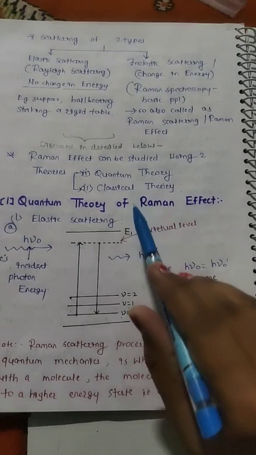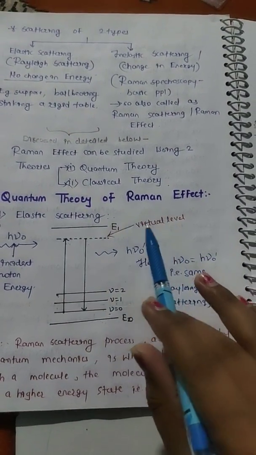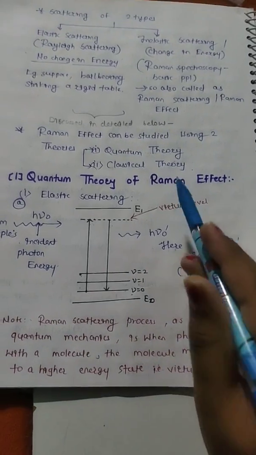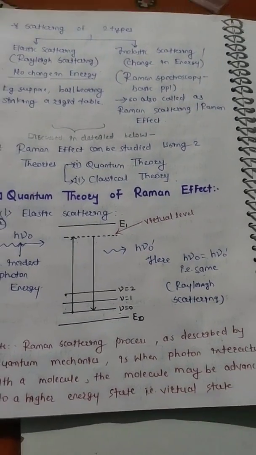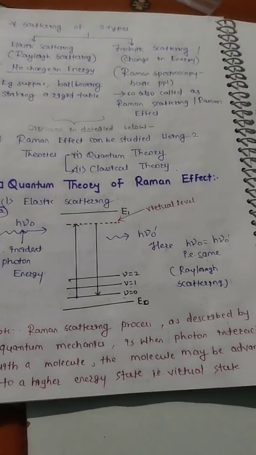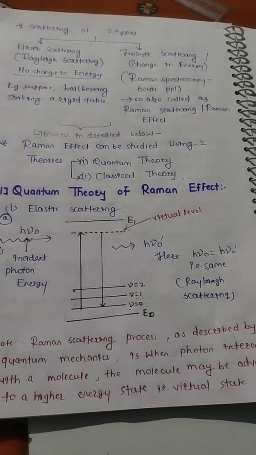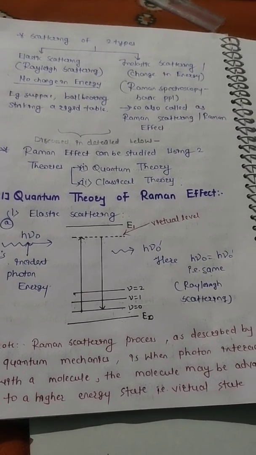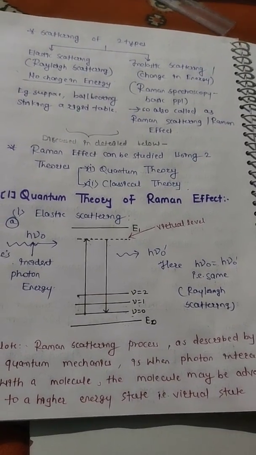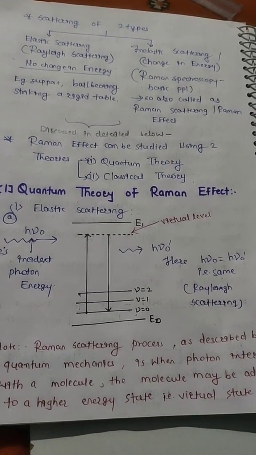Before starting with elastic scattering, we need to understand certain terms. The basic difference between Raman spectroscopy and all other techniques is this: in all other techniques, such as rotational spectroscopy, vibrational spectroscopy and UV visible, we study basically the transitions and emissions.